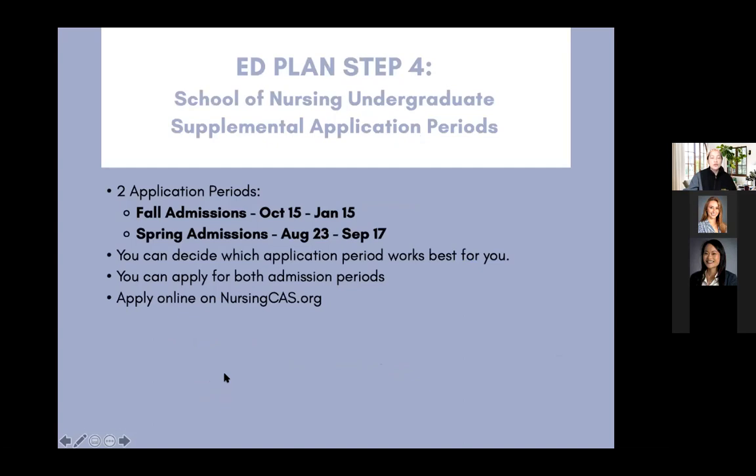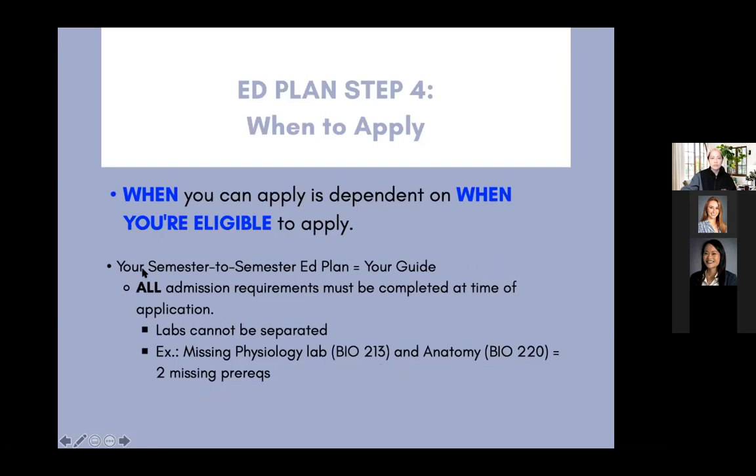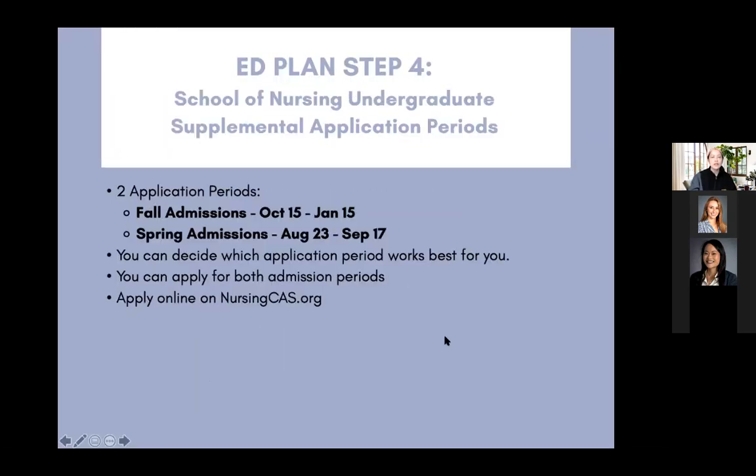So there are 2 different application timelines. You can apply in the fall admissions, which is always between October 15th and January 15th, or you can apply for spring admission, which is always between August 23rd and September 17th.